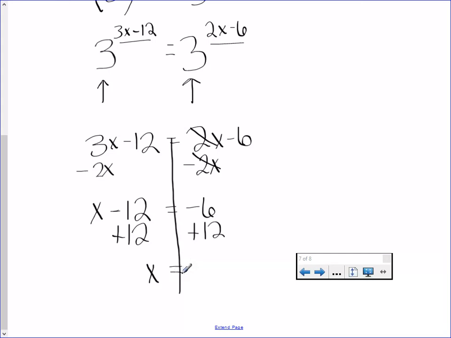So what is negative 6 plus 12? 6. So now we know that x equals 6, and you're done with that one. We have one more question.